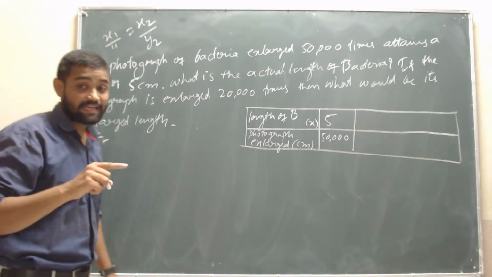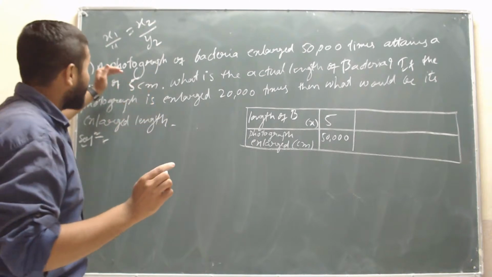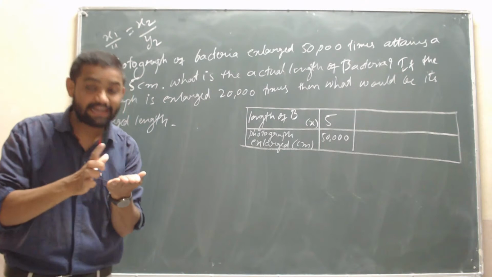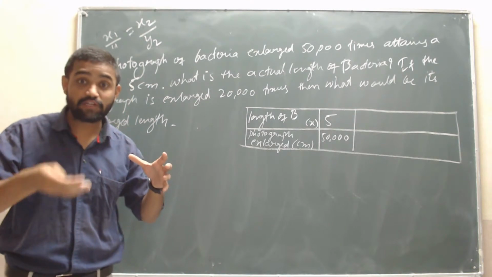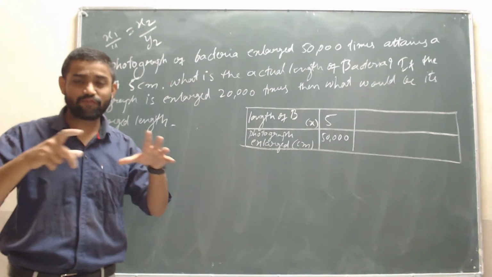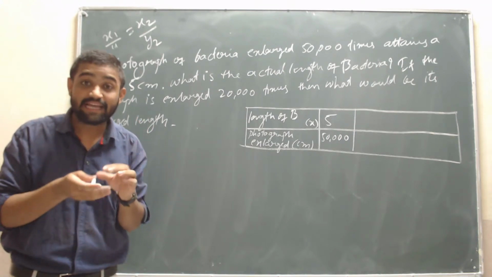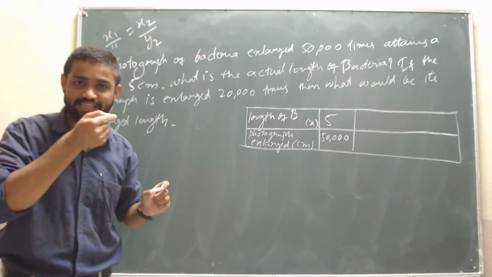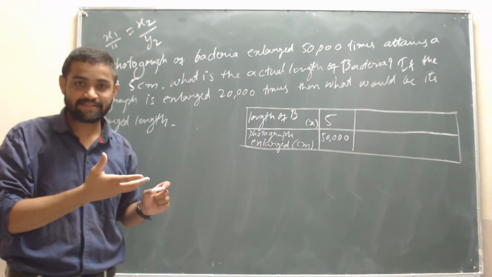See, once again I explain it. Students, a photograph of bacteria is there, and the photo of the bacteria was enlarged 50,000 times, and the size of bacteria will be 5 centimeter. We can't see it by naked eyes.